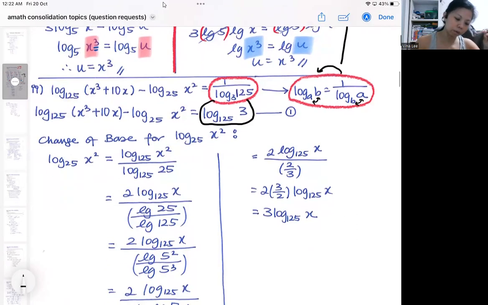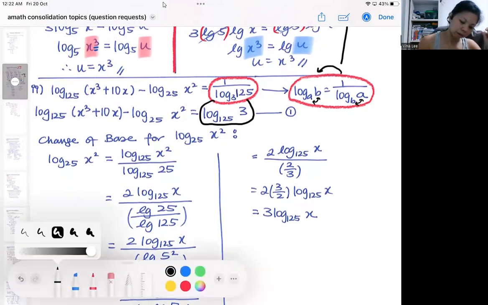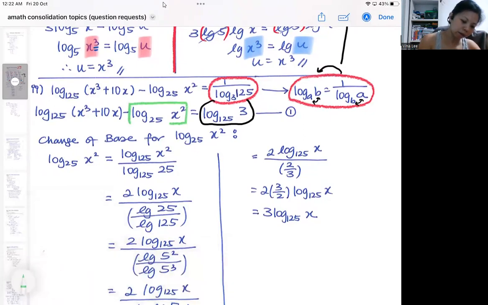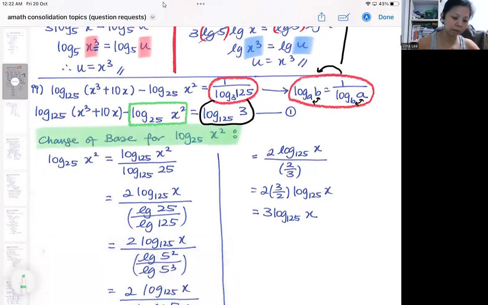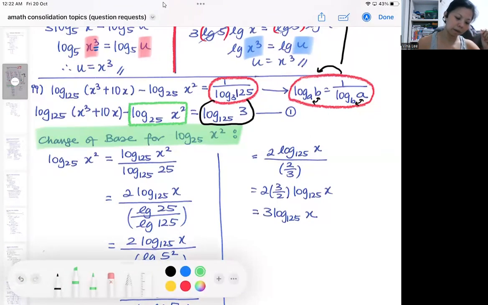So I'm going to show you the part that I'm going to focus on. I'm going to focus on changing this to base 125.